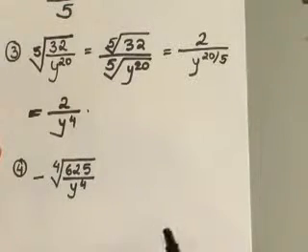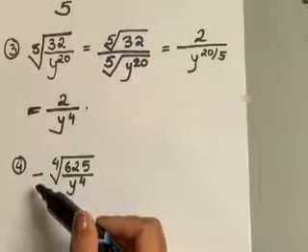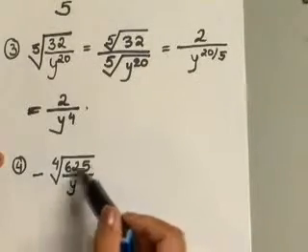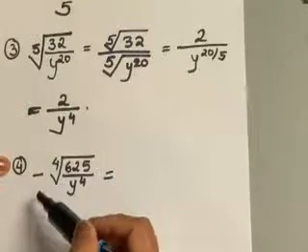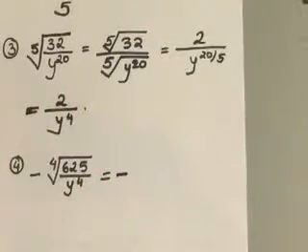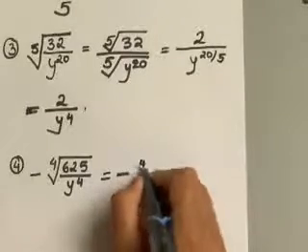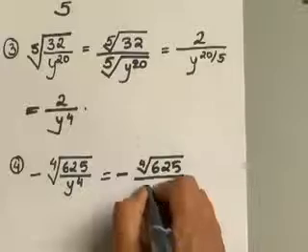Now let's go ahead and look at one more example, and this time we're talking about the negative fourth root of 625 over y to the 4th. Again, notice the negative is outside the radical, not inside. So we'll go ahead and carry that forward with our answers. Again, go ahead and split up your numerator and denominator using the quotient rule.